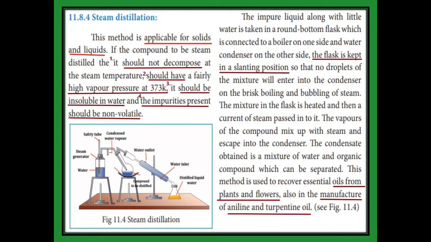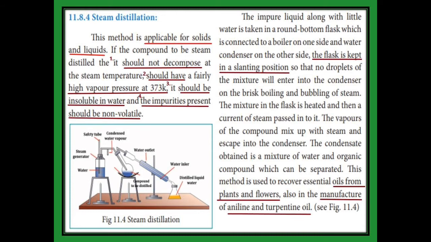We already know simple distillation has three parts only, but here there is one more part, because we have to produce the steam. How can you produce the steam? With the help of water, so one more flask is given. In that first flask there is water, which on heating gives steam. That steam is passed through the distillation flask.